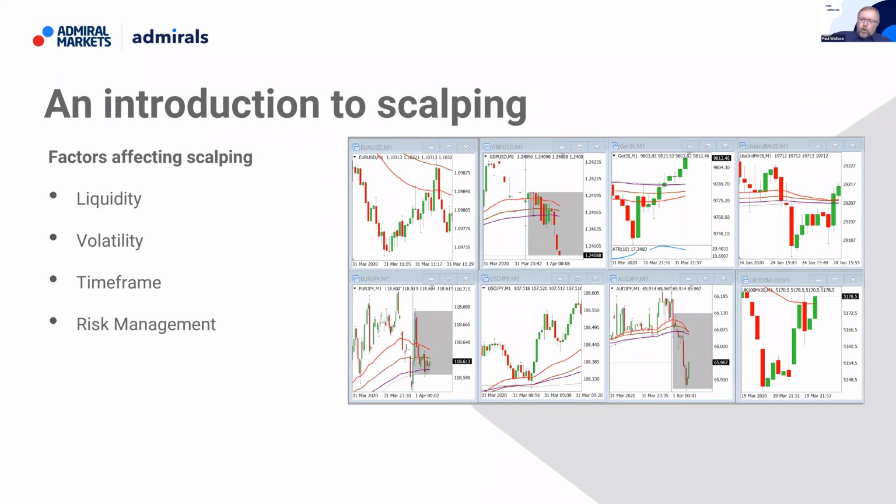But equally, you can have too much volatility, maybe around a major news announcement or a major event, where markets are enormously volatile because the market's trying to work out what's going on, and traders are either clearing their positions or entering the markets. Then it becomes very difficult to scalp because you might struggle with getting the fills you're looking for. So you don't want it too hot, you don't want it too cold.